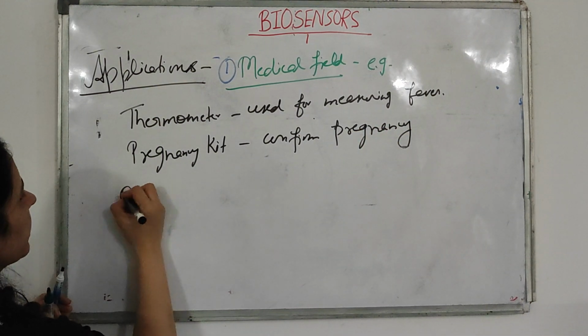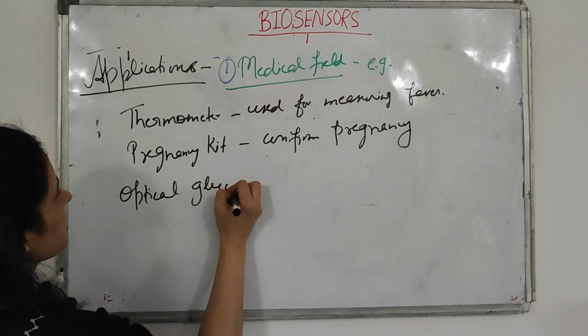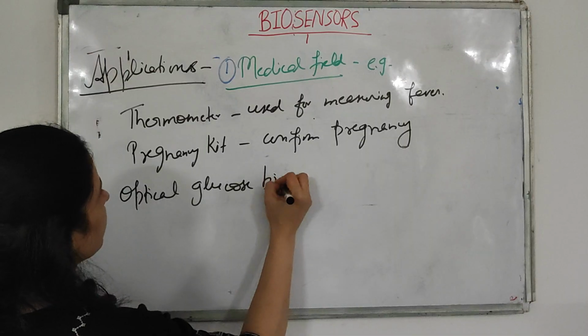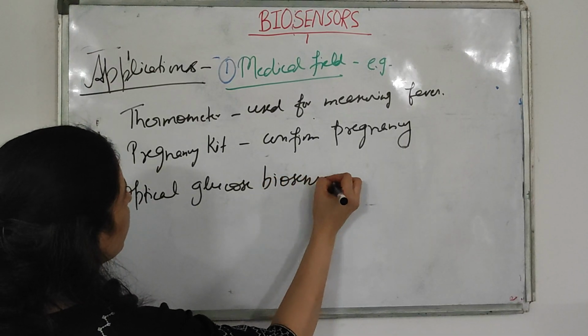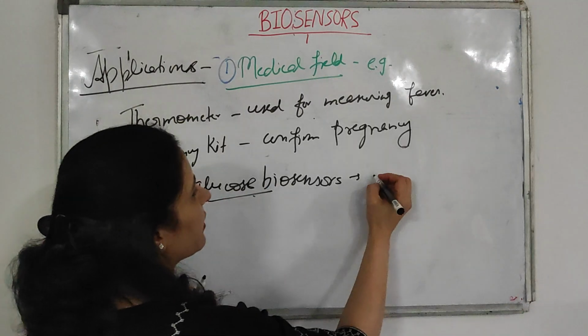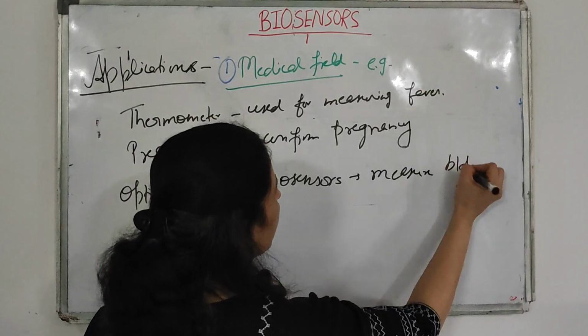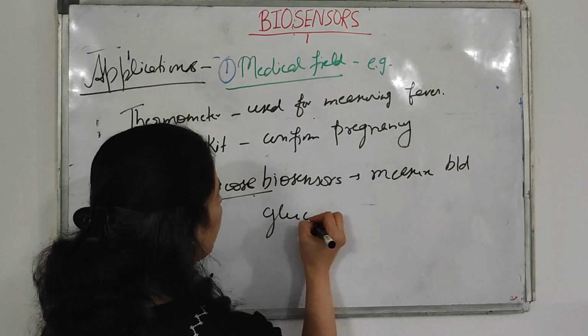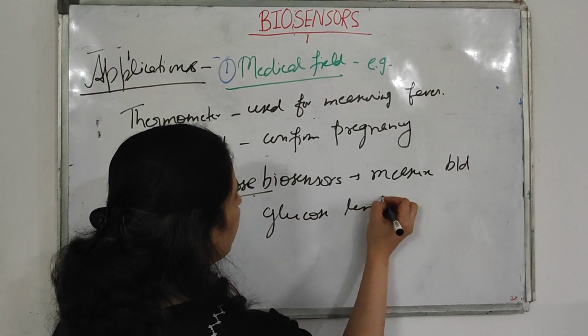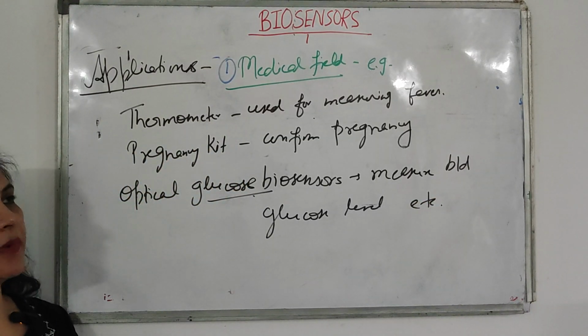Then like your optical glucose biosensor. So what will this measure? Blood glucose, measuring your blood glucose level, etc. Okay, so these are a few examples of biosensors in your medical field.